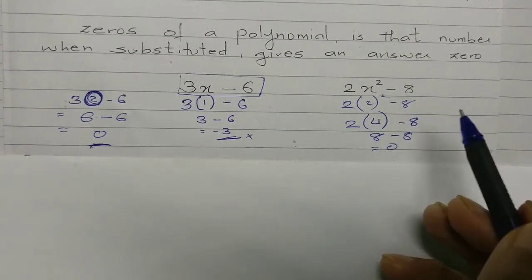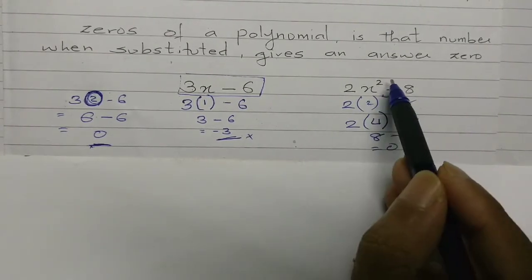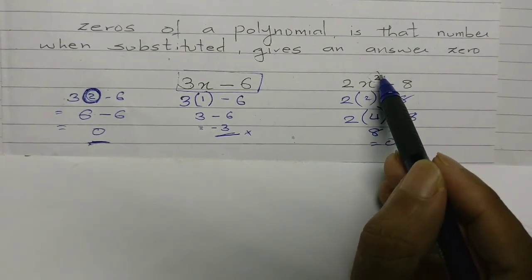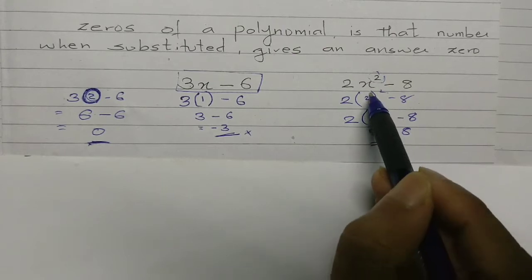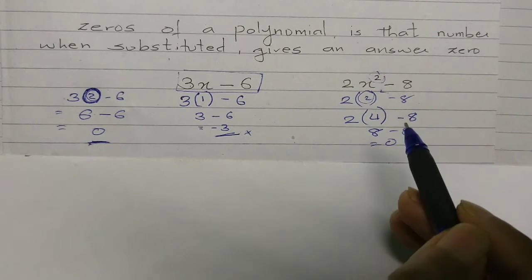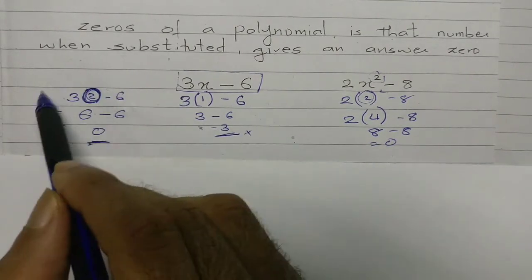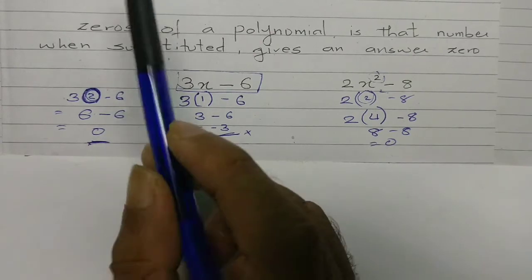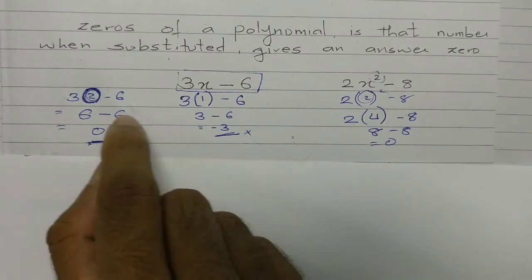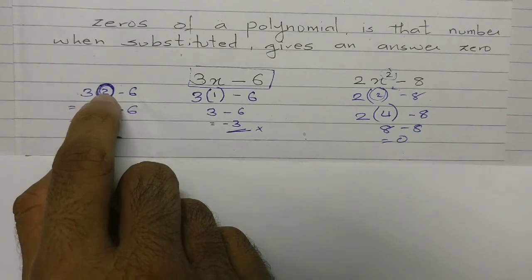And a pro tip for you is that whenever you have a polynomial, the highest degree of that polynomial will always tell you how many such zeros are possible. So in a linear polynomial like this, there will be only one number which is going to give you that final answer to be 0. And over here, in this case it is 2.